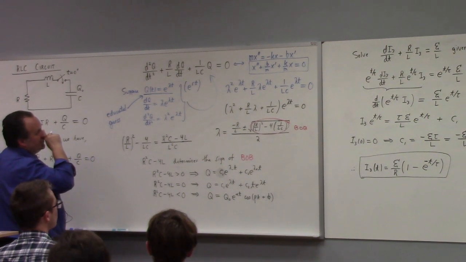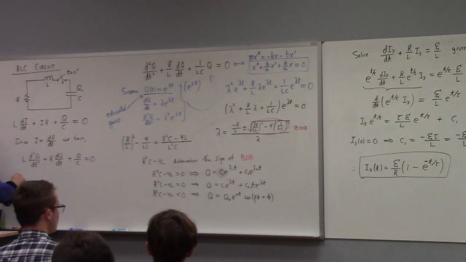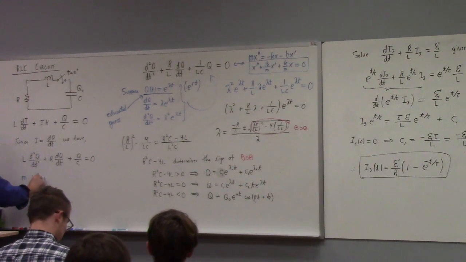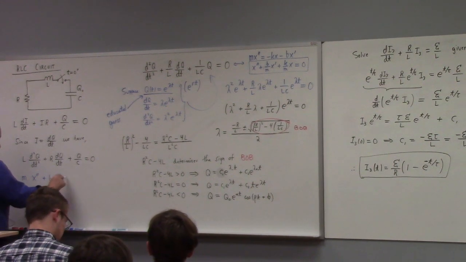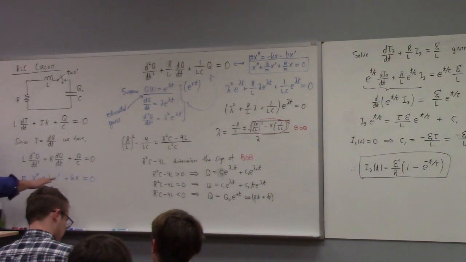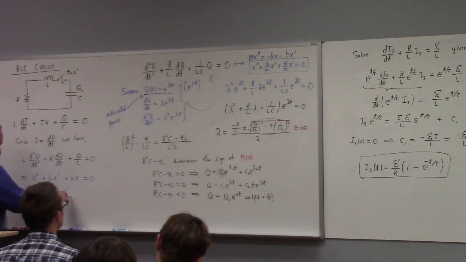Well, rats. I should have done this one. Let me do this. This one's easier. So let me write it right here. So I have m x prime prime plus b x prime plus k x, right? So this is the corresponding physics 1 equation. The analog is that the mass is like inductance, right?